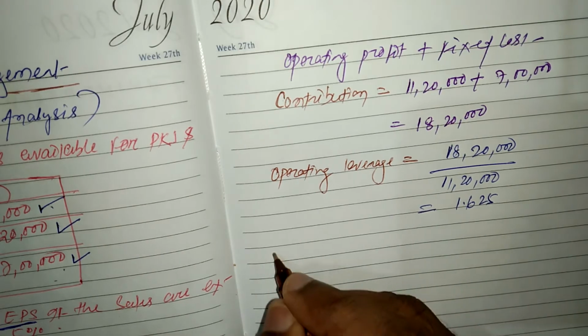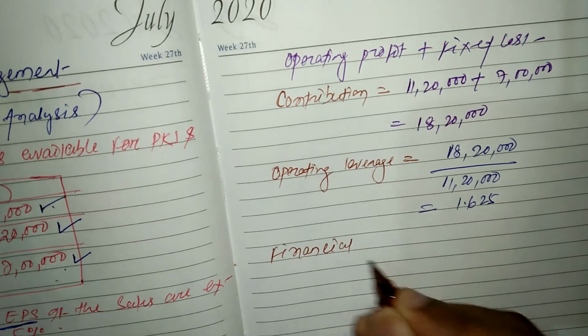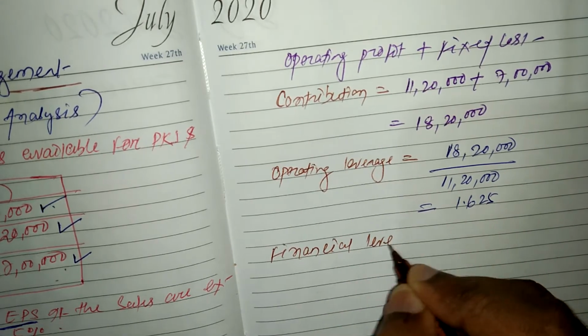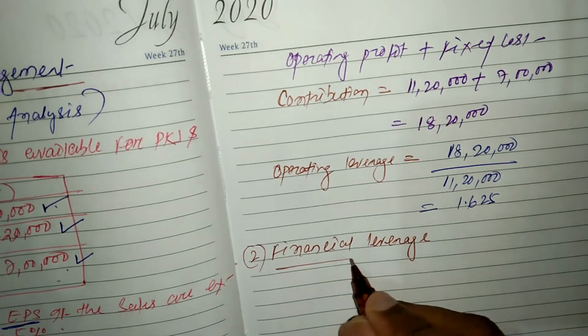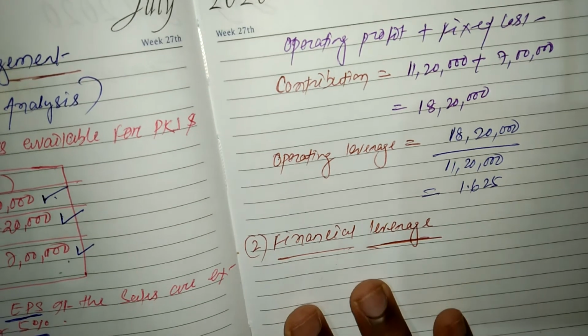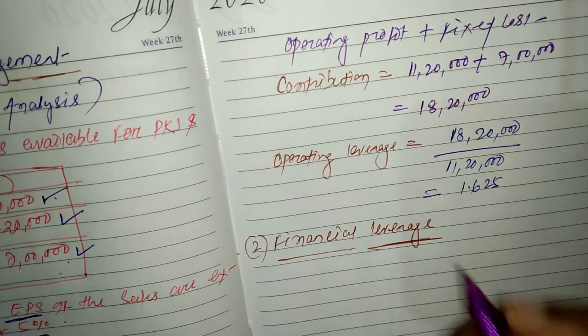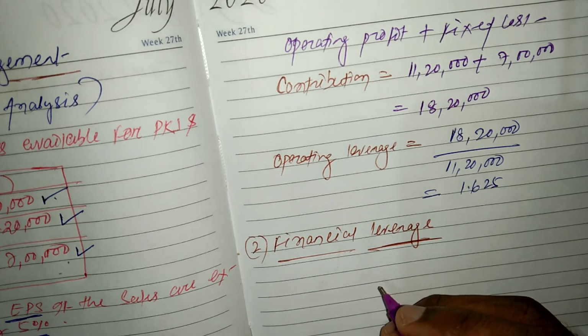Now financial leverage. What is the formula of financial leverage? As we know, financial leverage is EBIT divided by profit before tax.